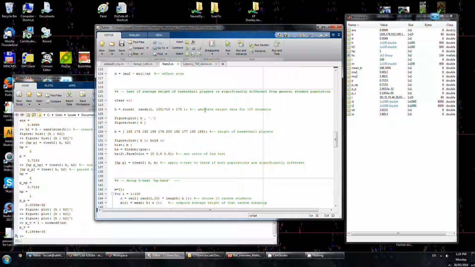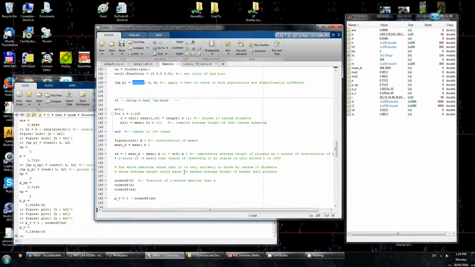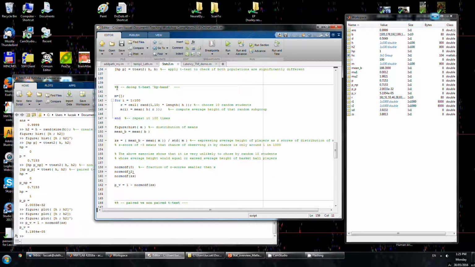So we had a general population of heights of 100 students, and we had heights of 10 basketball players. And in MATLAB we can easily do it by applying the t-test function. We also learned how to do it by hand.